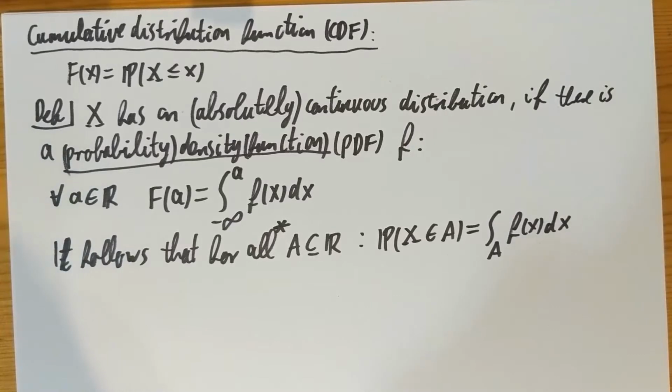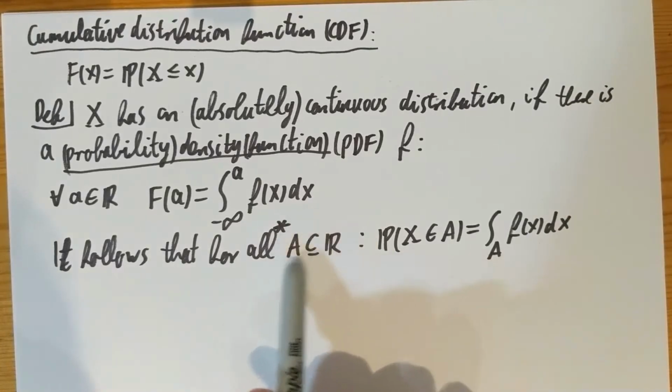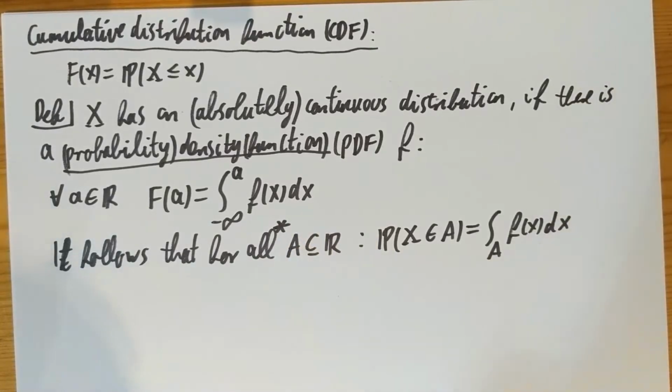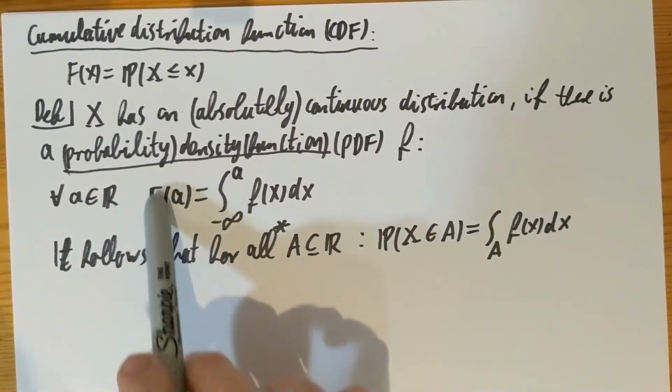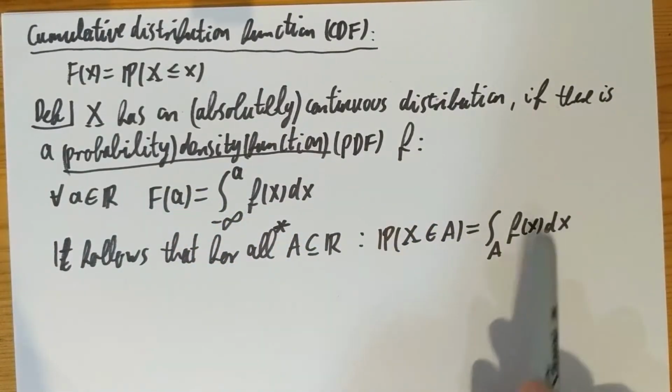Now you don't need to understand any of this yet. We are going to go through this later in the unit. But essentially any set you can reasonably come up with will have this property. Okay, so you have to work very hard to find a set for which this is possibly not true. So this definition here is equivalent to having a continuous distribution.